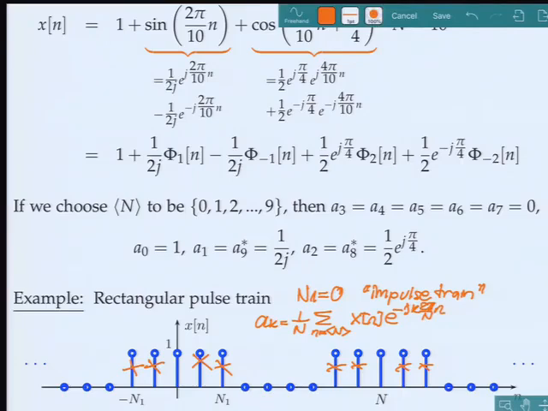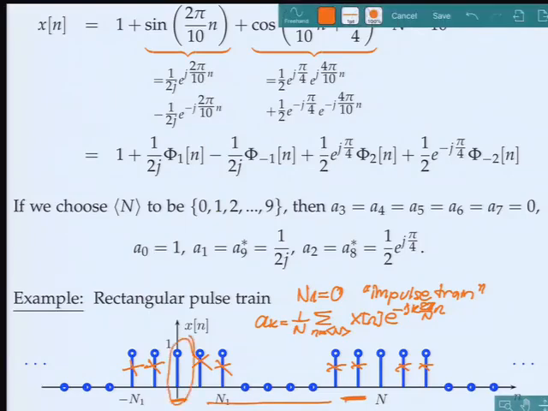But because of the way we constructed it, we selected N1 equal to 0. This summation here, let's say we sum from 0 to N minus 1, is not really a sum. If I start at time 0 and stop counting here, everything on the way is 0 except for little n equal to 0.